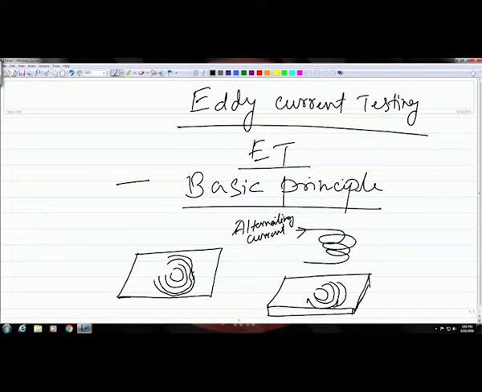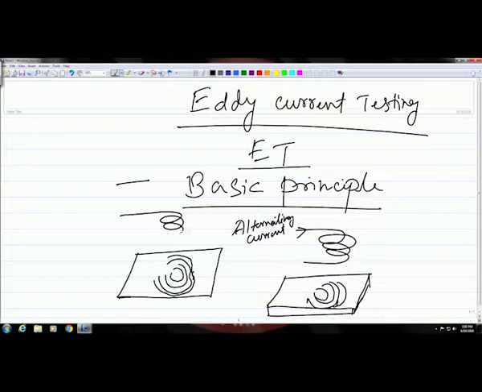Okay. So, there will be a change in this induced current and as a result of that you would also see a change in this coil, because the current in the coil is responsible for inducing this current. Okay.